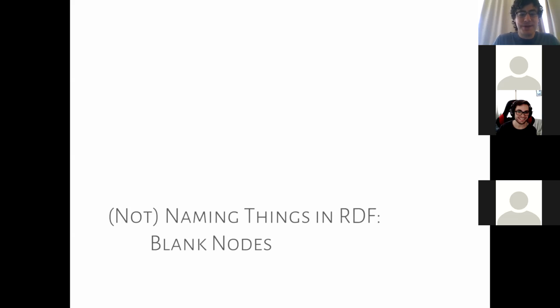Okay, so we have a third type of term. So we've seen IRIs, and we've seen literals. The third and last type of term we can use in RDF are blank nodes.